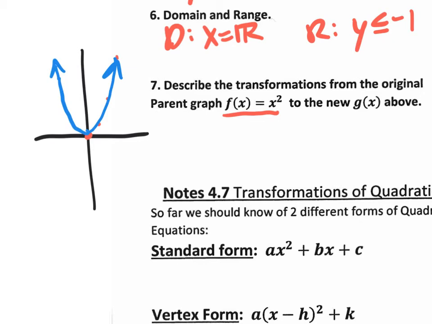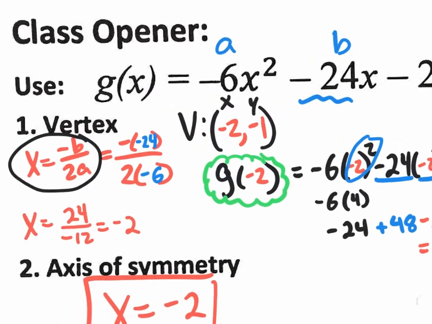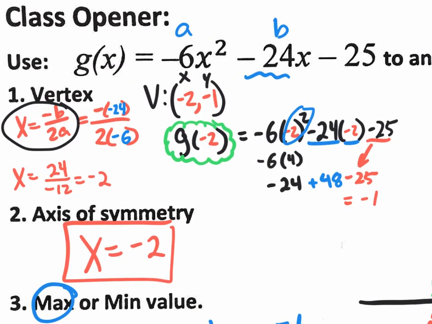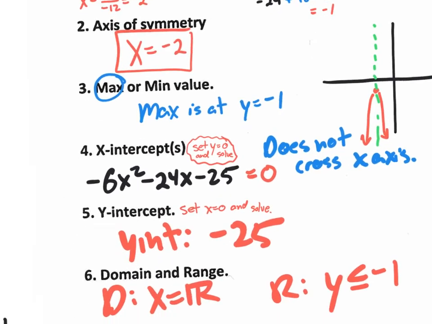So what is the first type of transformation that happens from this blue graph to get to this new g of x function? The first transformation is going to be based on your a. So what's the first transformation you say? It flips, right? Okay, now that's like using slang, right? Let's use math vocab. It gets reflected over the x-axis.